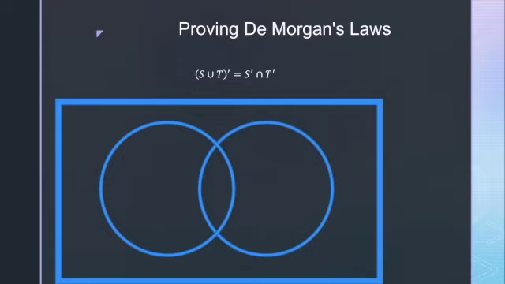So let's prove De Morgan's laws. So if I have S union T, this is where S union T is, okay?